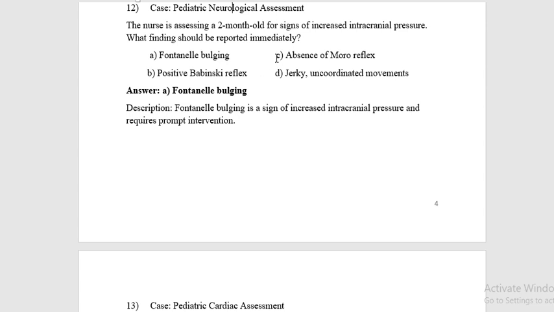C, absence of Moro reflex. D, jerky or uncoordinated movements. The answer is fontanelle bulging. Fontanelle bulging is a sign of increased intracranial pressure and requires prompt intervention.